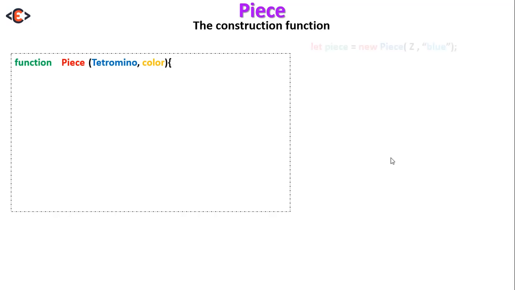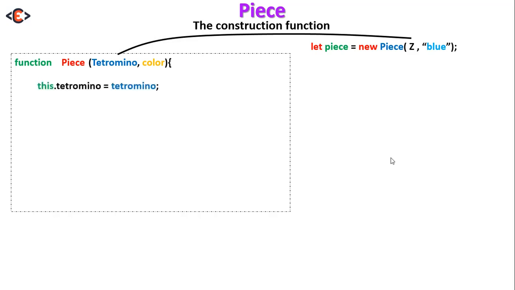Now let's talk about Piece, our constructor function. We need to say function, then Piece, then the parameters, the tetromino and its color. To create an instance of Piece, we will say let piece equals the new keyword, Piece, and here Z is the tetromino and blue its color.